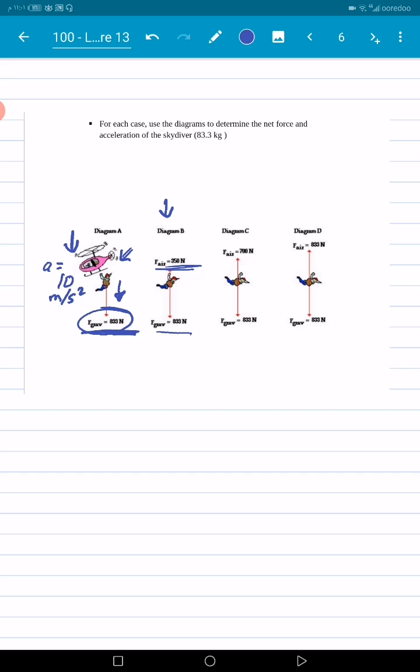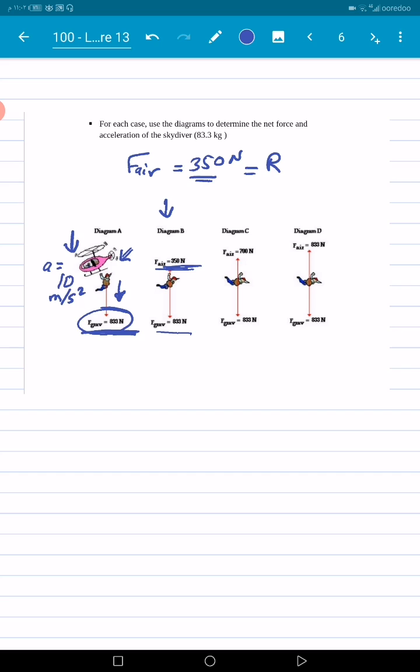So F air is equal to 350, as mentioned here, Newton. That means the R, the air drag.